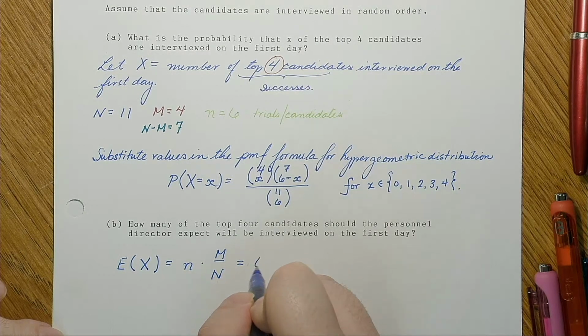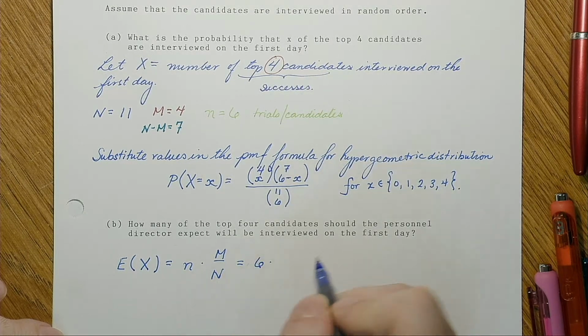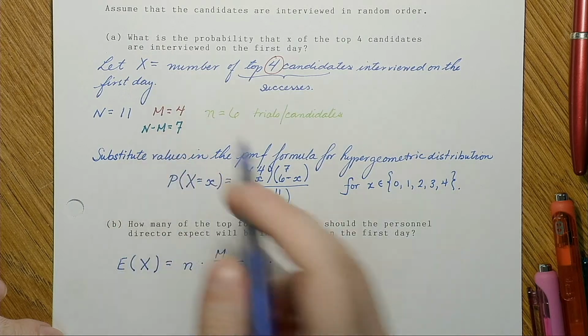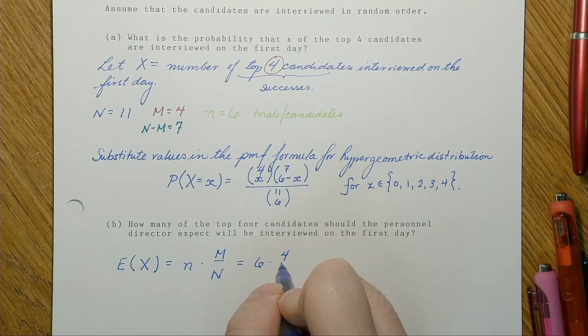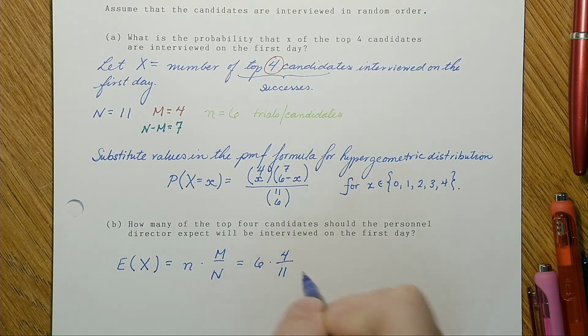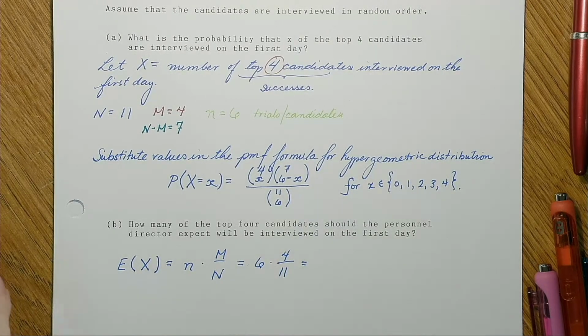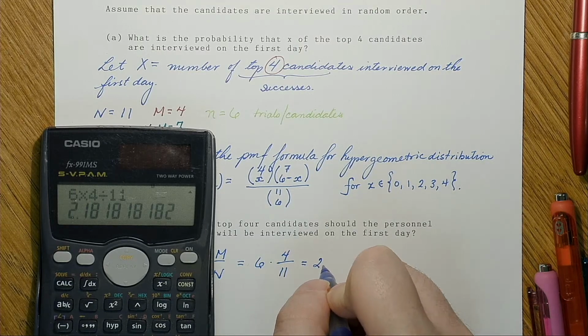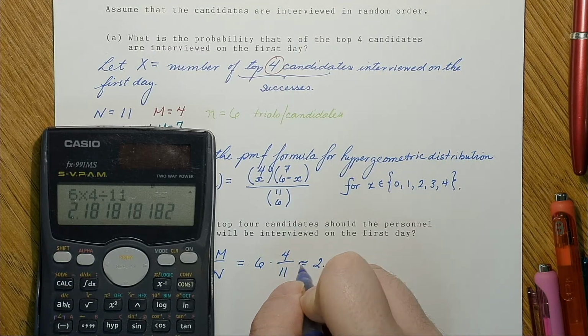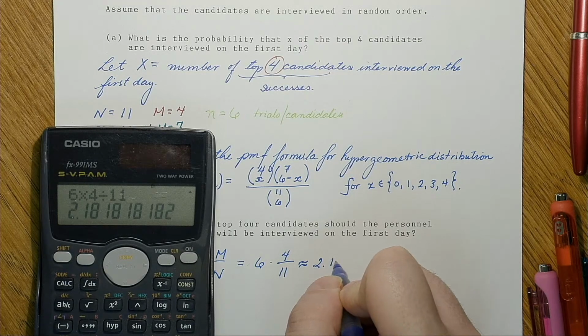So there's 6 interviews multiplied by the top 4 out of the 11. And so what I get is 6 times 4 divided by 11, which is approximately 2.18.